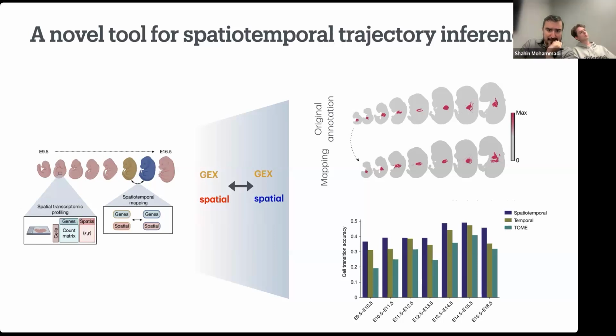And how do you compute cell transition accuracy? That's a very good question. So we basically look at transitions between cell types which are supported by literature. So basically, we have a score because we know that there are certain descendants of certain cell types, and certain cell types were definitely not descendants of a progenitor or of another cell type.